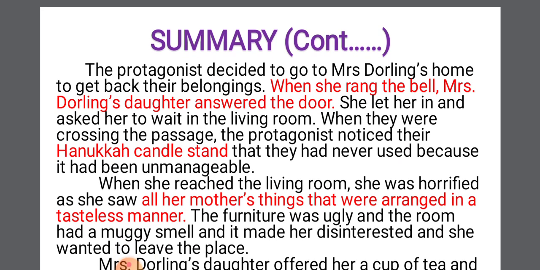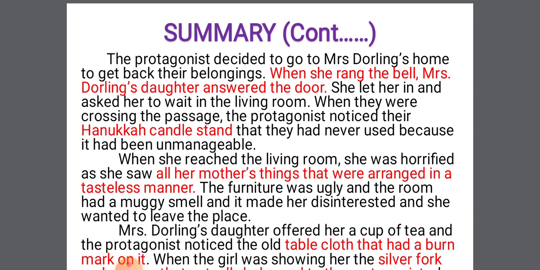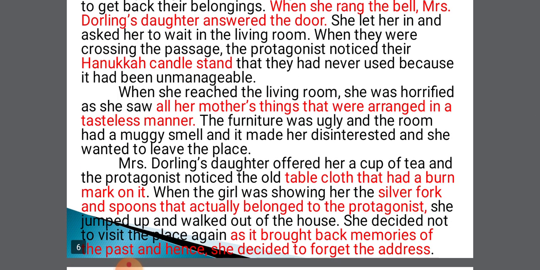Now the protagonist decided to go to Mrs. Darling's house to get back their belongings. When she rang the bell, Mrs. Darling's daughter answered the door. She let her in and asked her to wait in the living room. When they were crossing the passage, the protagonist noticed their Hanukkah candle stand that they had never used because it had been unmanageable.